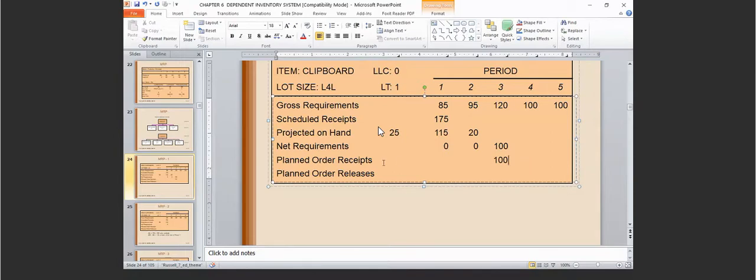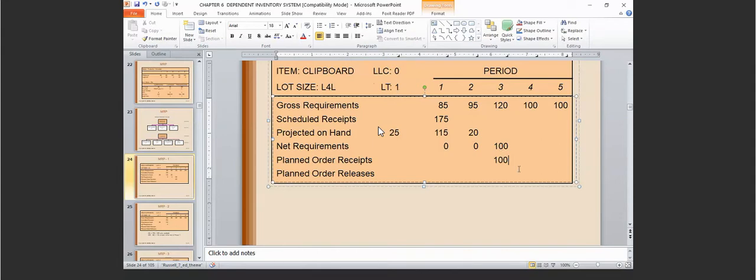After we fill in the planned order receipt of 100 unit in period 3, we also need to determine when the planned order will be released. When the order will be released, we need to refer to the lead time that we have in the item master file. The lead time for the clipboard here is 1 period.